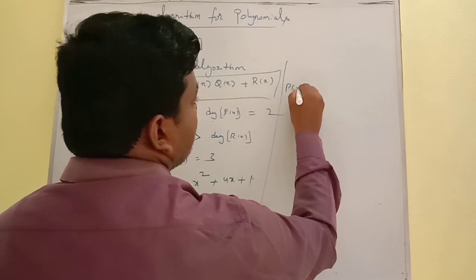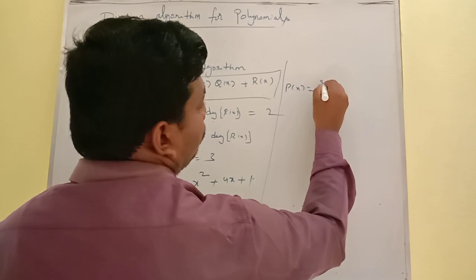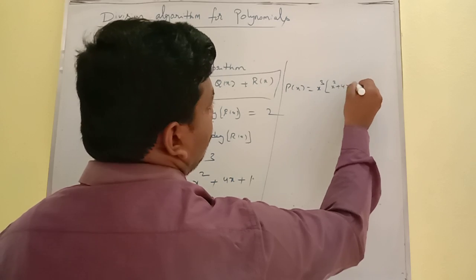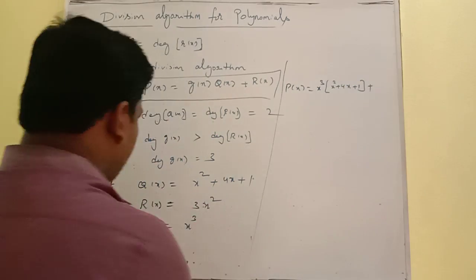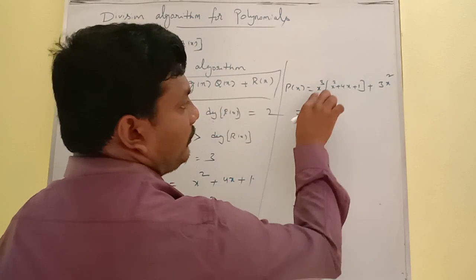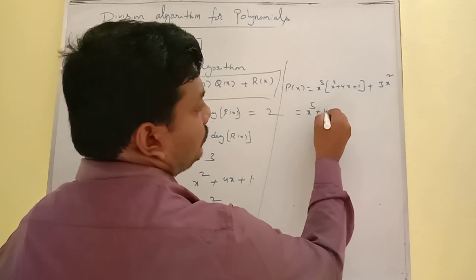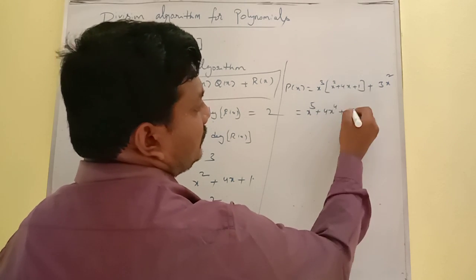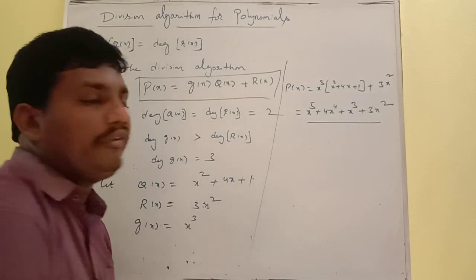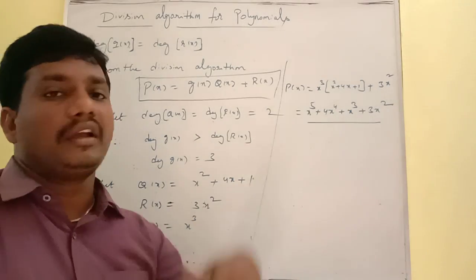Therefore p of x is equal to g of x into q of x, that is x cube into x square plus 4x plus 1, plus r of x, which is 3x square. Now we have to multiply x cube with x square plus 4x plus 1: x power 5 plus 4x power 4 plus x cube, plus 3x square. So this is p of x. So we can find q of x, r of x, g of x and p of x.